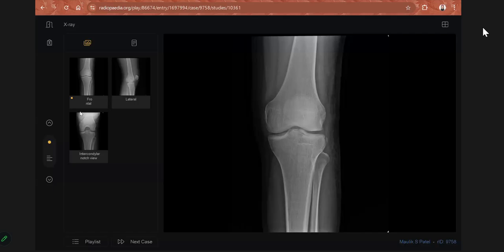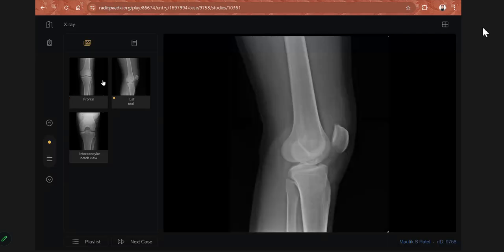Whenever you see a fracture in the knee, always demand an orthogonal view to see the effusion. If there is effusion, definitely fracture. If there is no effusion, no fracture. The other thing you have to see is lipohemarthrosis. There is grass suprapatellar effusion, but no lipohemarthrosis.